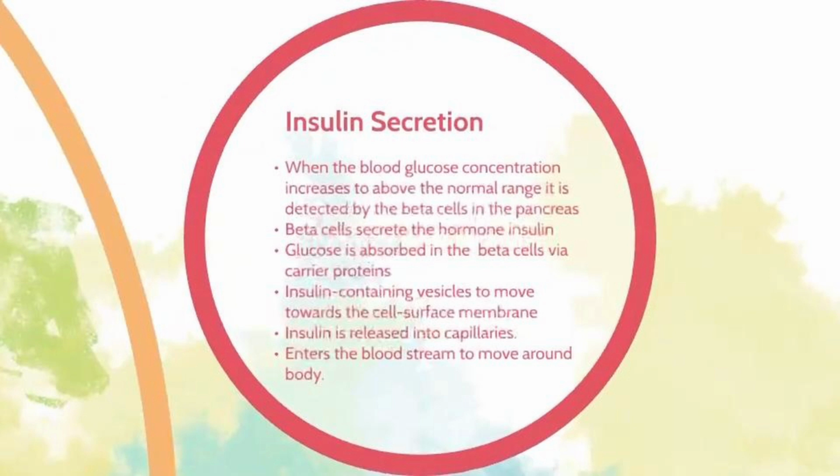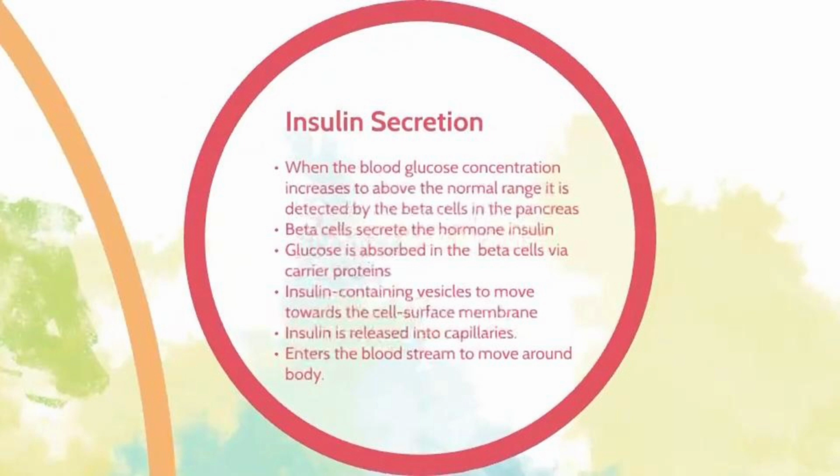So this works because when glucose goes up in the blood, the beta cells take more glucose in, and this causes a release of the insulin. So this again is a feedback loop. So the glucose is causing the release of the insulin.